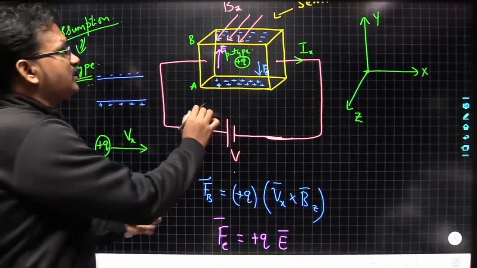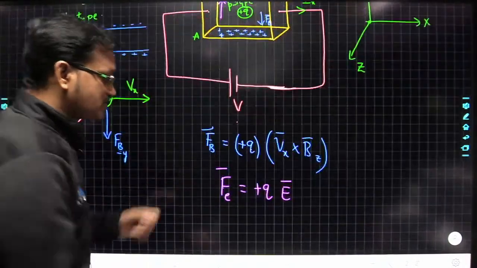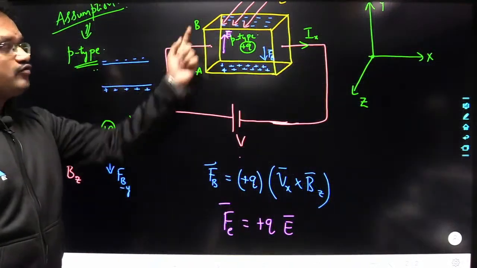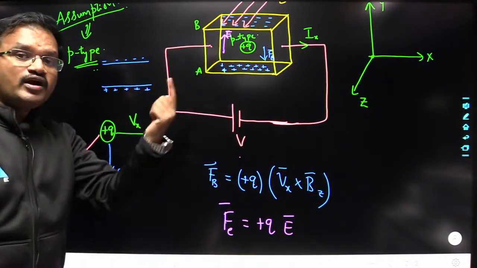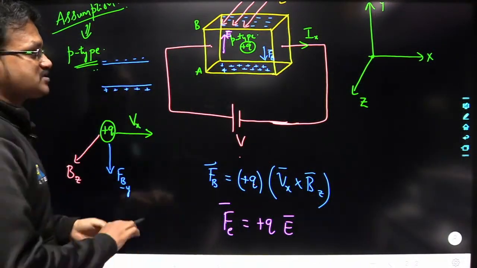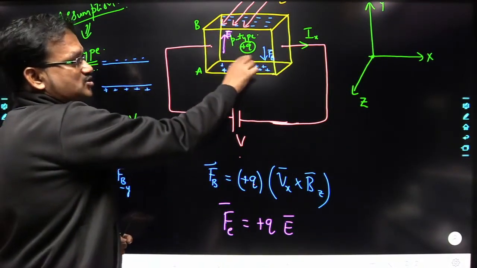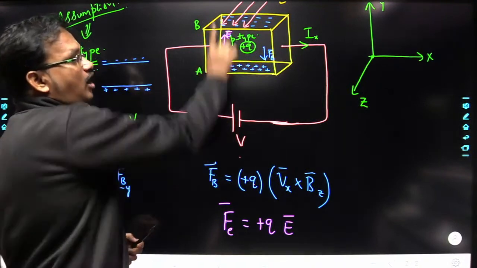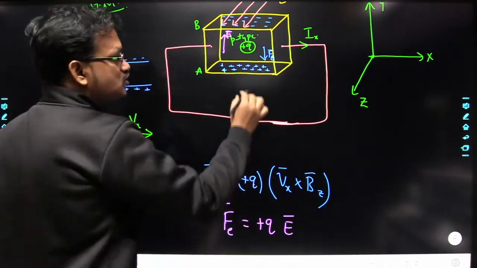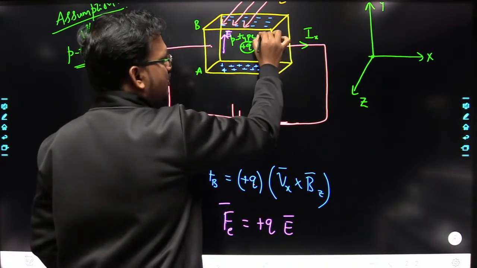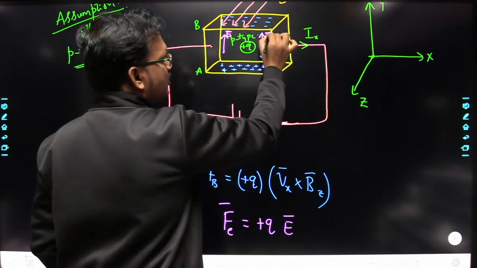The field is pointing in the y direction, so this electric force is also going to point in upward direction. Understood? So the electric force will try to pull the positive charge carriers in upward direction. Yes or no? So the electric force here is going to act in upward direction.